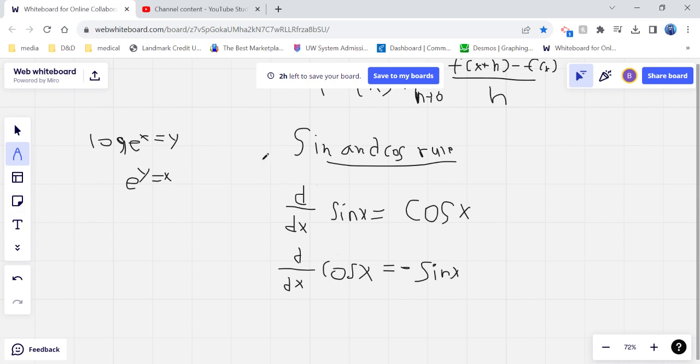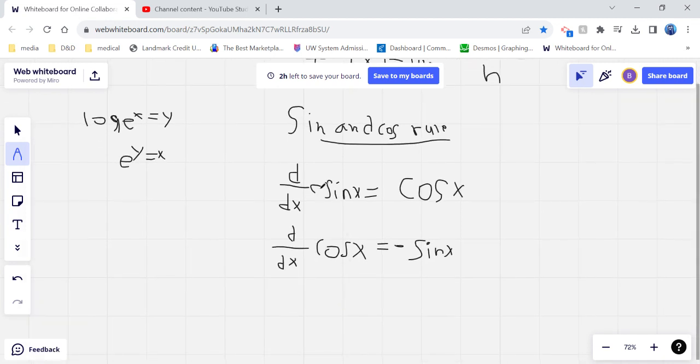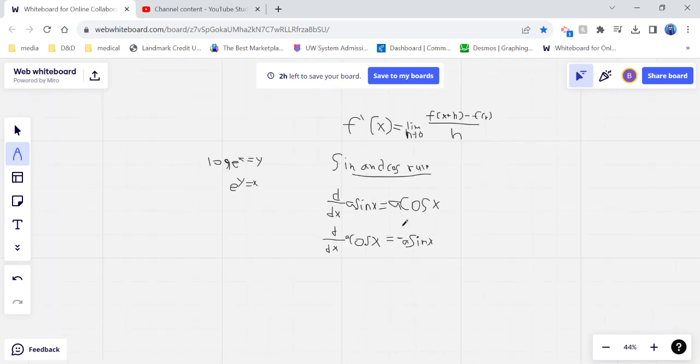So we end up getting a negative sine of x, and that's that technicality that can be hard to remember sometimes, and it will trip a lot of people up. But it's so important that you remember that it's negative sine of x. And again, I forget to write it in, but any coefficients outside of the function carry through, just like that.